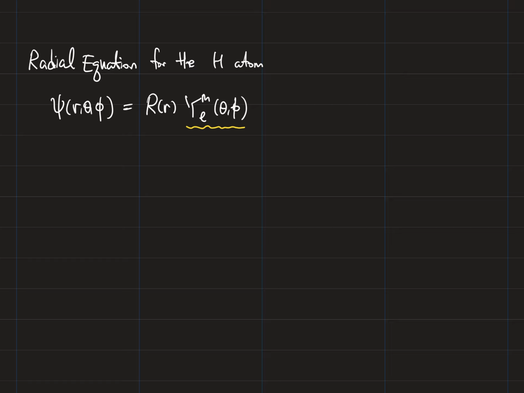Even though we haven't derived that the angular part should be described by the spherical harmonics, according to the structure of the Hamiltonian of the hydrogen atom, if you go back to the previous page, there is an operator of the total angular momentum squared, right? So that should have the eigenfunction of the spherical harmonics.